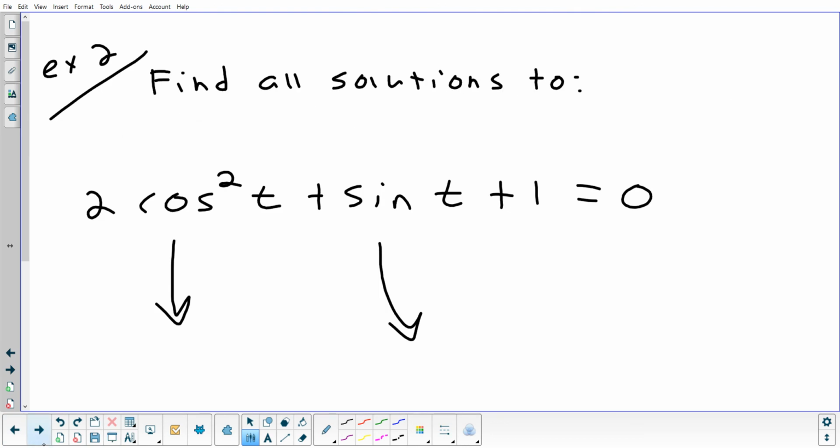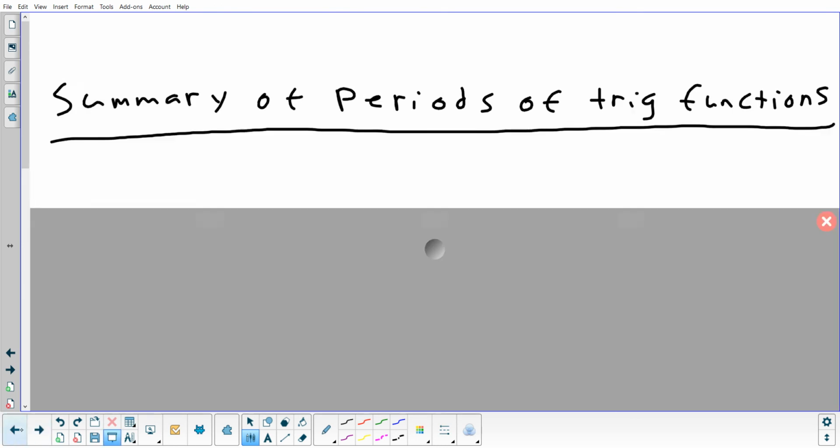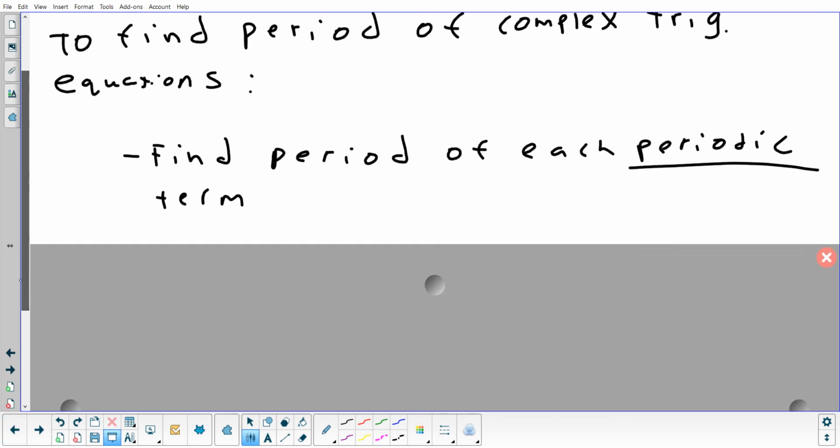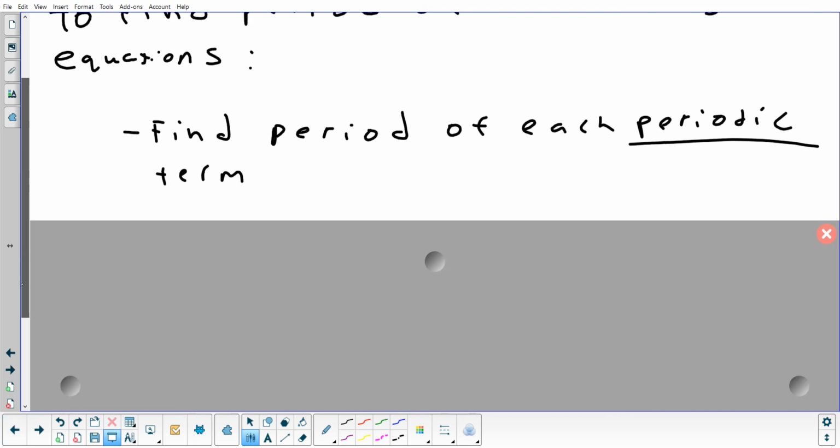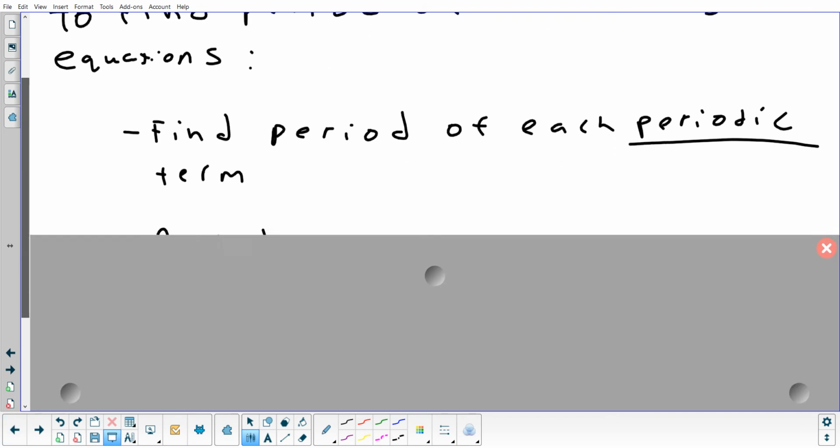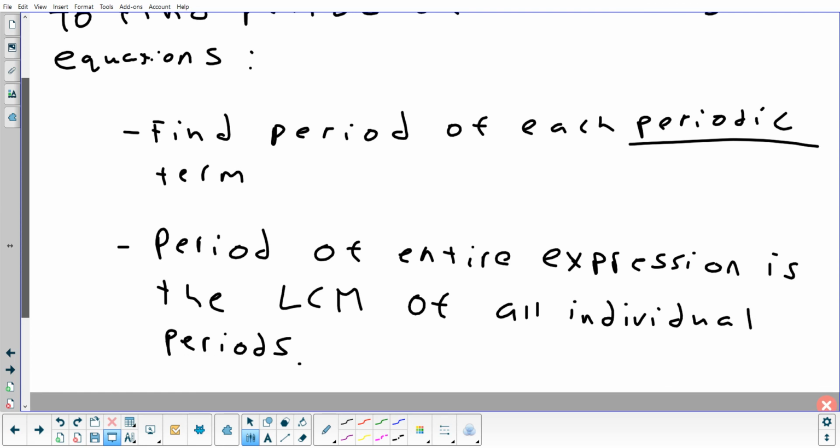This is a term, plus 1, but we call that a constant term. Plus 1 has no period, so you don't have to worry about that one. Just the trig functions. Once you find the period of all the trig functions in your equation, then find the LCM of that. The least common multiple is the period of the entire problem.